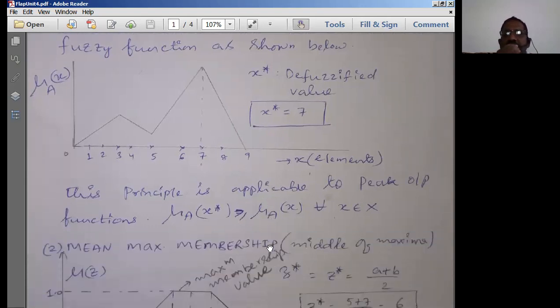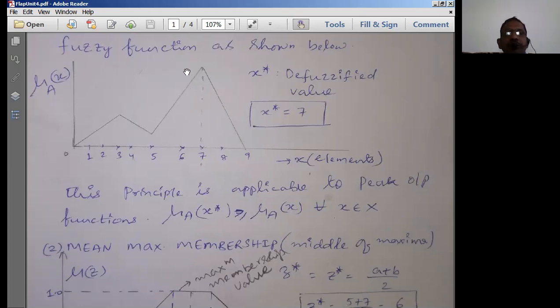Now mathematically, how do we represent the principle of maximum membership function? It is something like this: mu a of x star should be greater than or equal to mu a of x for all x belonging to capital X. That means this maximum value is called mu a of x star for us.